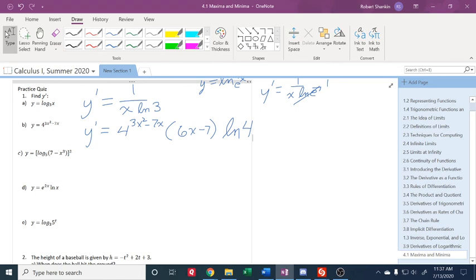Anybody need more time with C? Alright, the outermost function is something squared. So we have to look at that. So for the chain rule, it's 2 times that thing to the first power. And I'm not going to write to the first power.